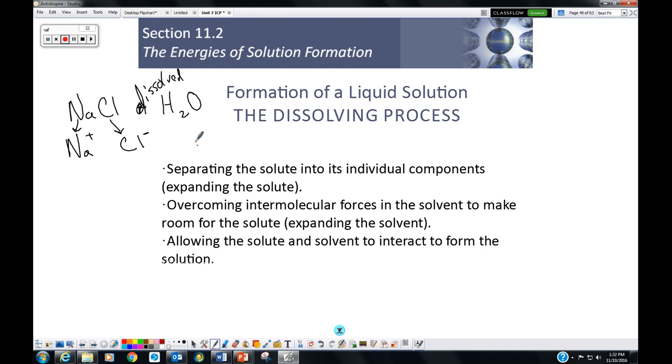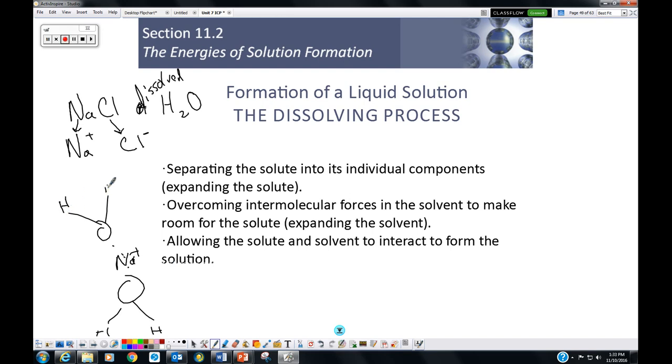Normally we would have an attachment to, say, a hydrogen off of another water molecule there. But instead, we'll have a sodium ion that comes in between, and then this water molecule may actually kind of flip around.